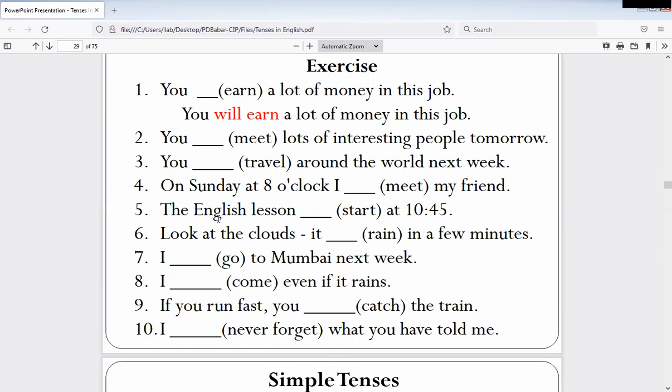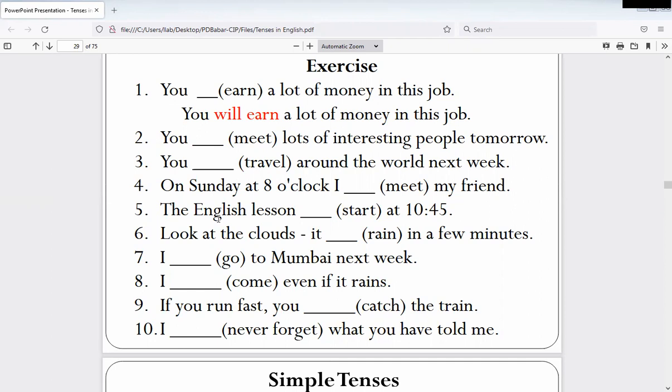From the sentence structure itself or its verb itself we can identify which form of verb we have to use. There are some identifiers or phrases with which we can use the future tense structures. The second example is: you dash in bracket meet lots of interesting people tomorrow.